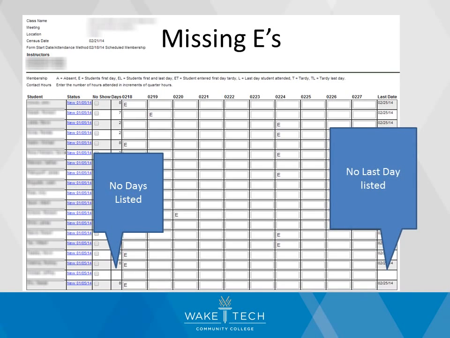The other thing that you'll notice is the far right-hand side where it says last date will also not be updating. Students in this case are usually students that we have reinstated and did not have an E at the beginning of the semester. You want to check periodically and make sure that you do not have any students in this situation. No students should have a blank line unless they have the no-show box selected.